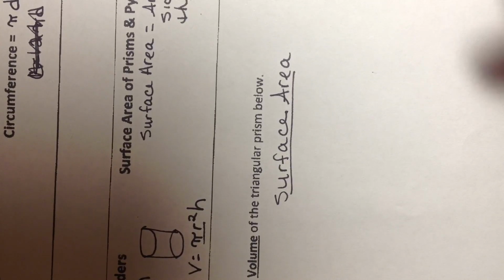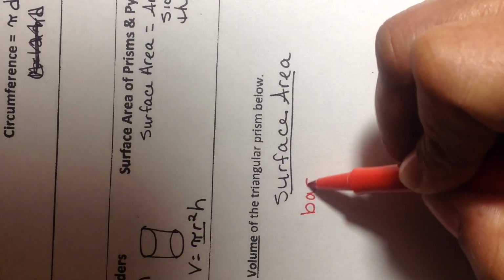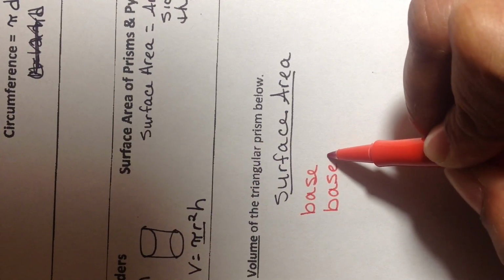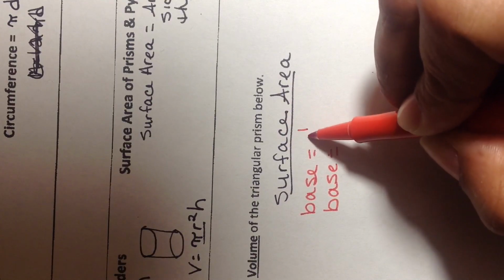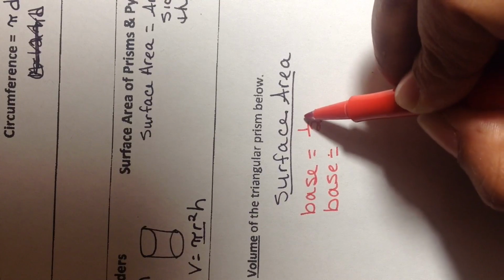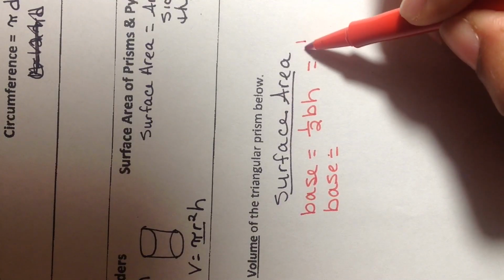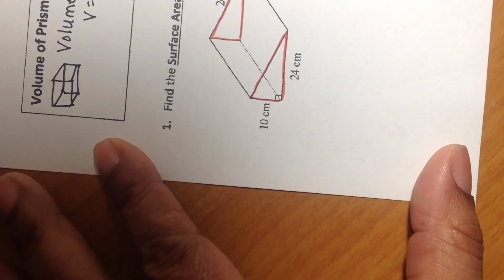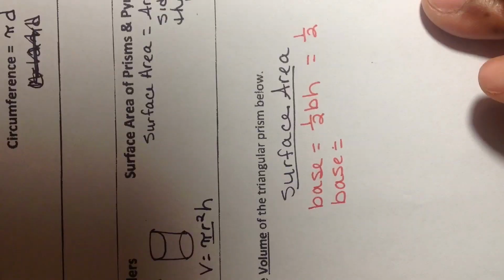Alright, so my bases, I have two bases, and they're in the shape of a triangle. To find the area of a triangle is 1/2 the base times the height, and in this case the base of this triangle is 24. The height of this triangle is 10.